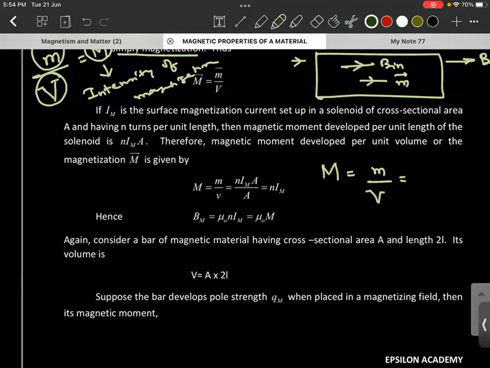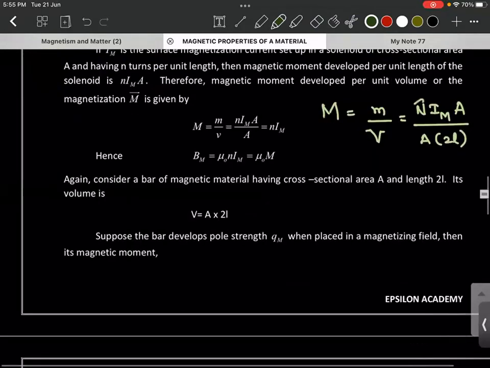The dipole moment is N into I into A, where N is the number of turns and I the magnetization current, divided by the volume, which is A into L. Generally the length is written as 2L because you treat magnets like small dipoles. I already told you why we use 2A or 2L: in the derivation, the center can be taken as origin and either side can be of value L.